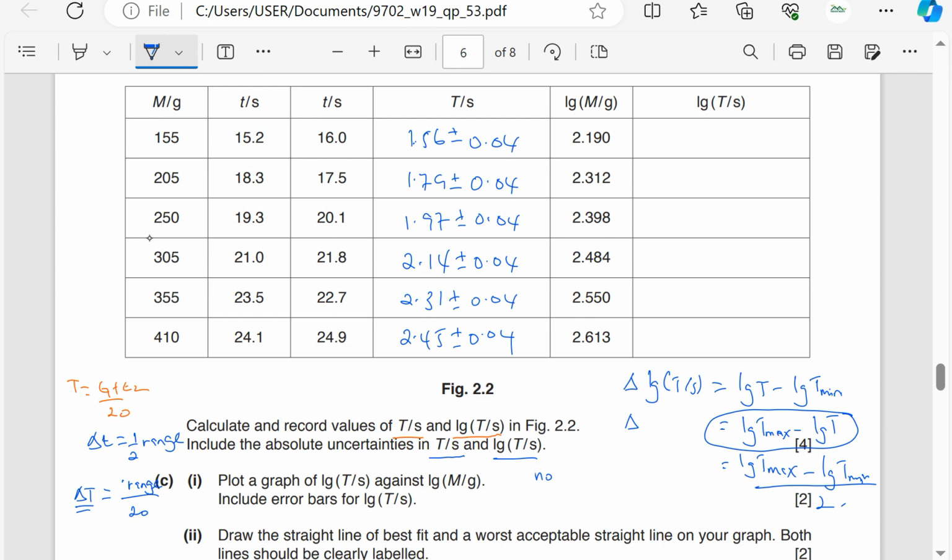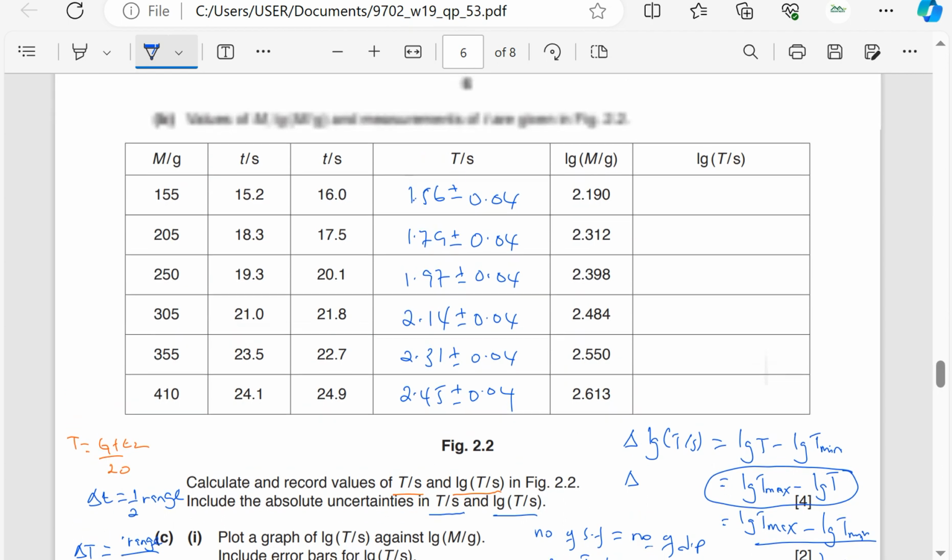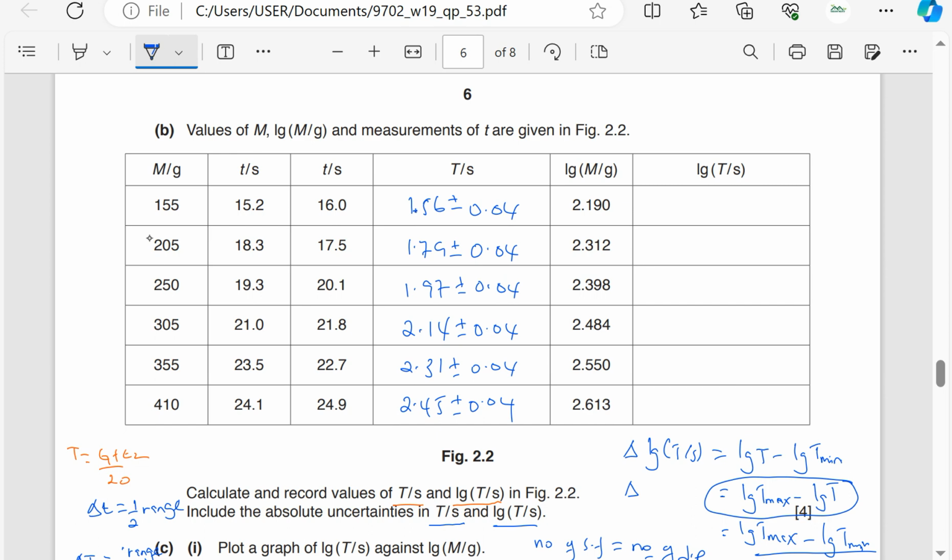So that is a rule: the number of significant figures becomes the number of decimal places when I take the log. For instance, if I find the log of 1.56, there are 3 significant figures. It means log of 1.56 will be 3 decimal places.